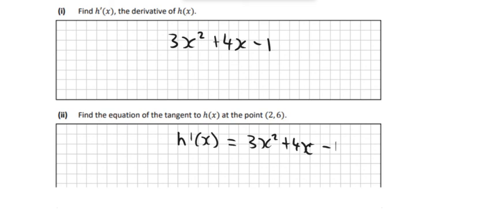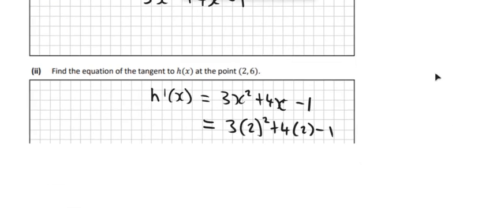Now it's at the point 2, 6, so 2 is our x coordinate, so we can put in a 2 instead. So we get 12 plus 8, which is 20, take away 1 is 19. So that's the slope of the tangent, so we just have to use the equation of the line formula then.